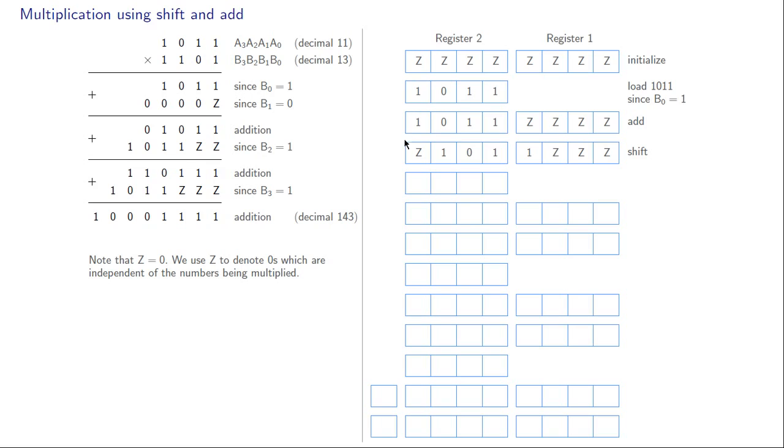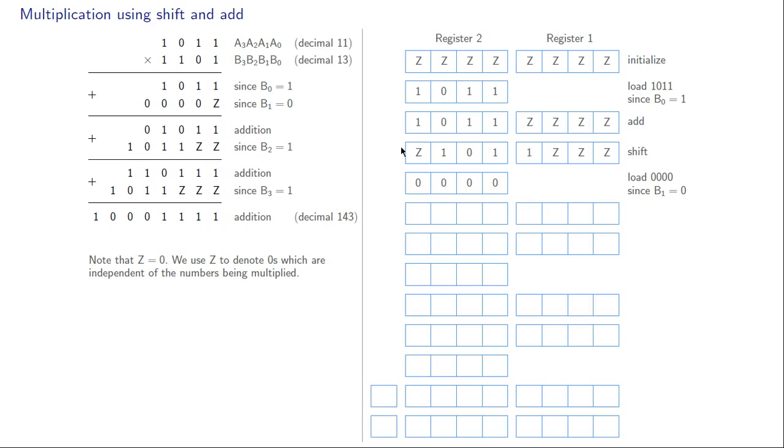Next we shift this result right by 1 position. So this number 1011 has appeared here now, and 10 has got padded from the left. Alright, now the next bit, since B1 is 0, we load 0, 0, 0, 0. We are talking about this step now.